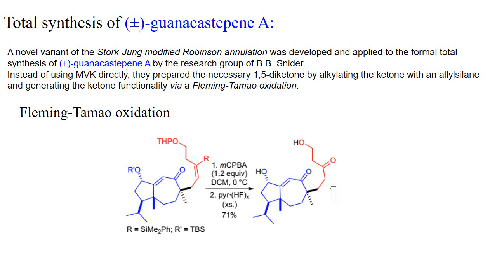So here the first step is not the Michael addition step. In our previous applications we have used the Michael addition reaction to prepare the 1,5-diketone, but here we will prepare the 1,5-diketone by the Fleming-Tamao oxidation reaction step.